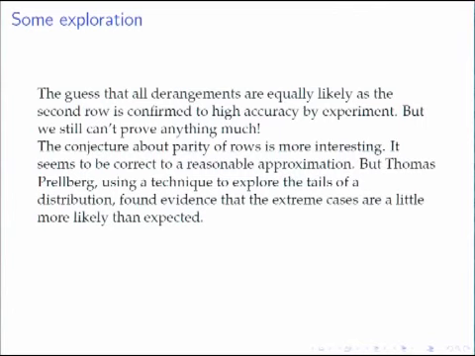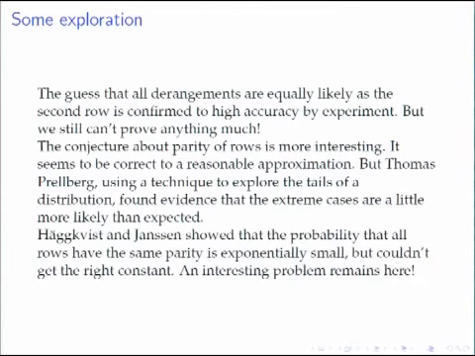Well, the agreement is mostly pretty good, but it turns out that if you look right into the tails, the probabilities are a little bit higher than they ought to be. They're exponentially small, but not quite with the right constant. And one interesting thing about that is that there's a result of Häggkvist and Janssen, where they showed that the probability that all rows have the same parity is exponentially small.